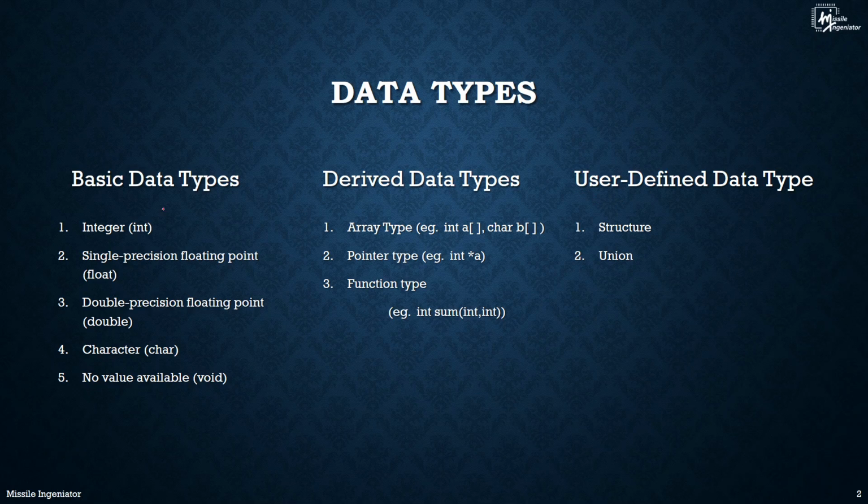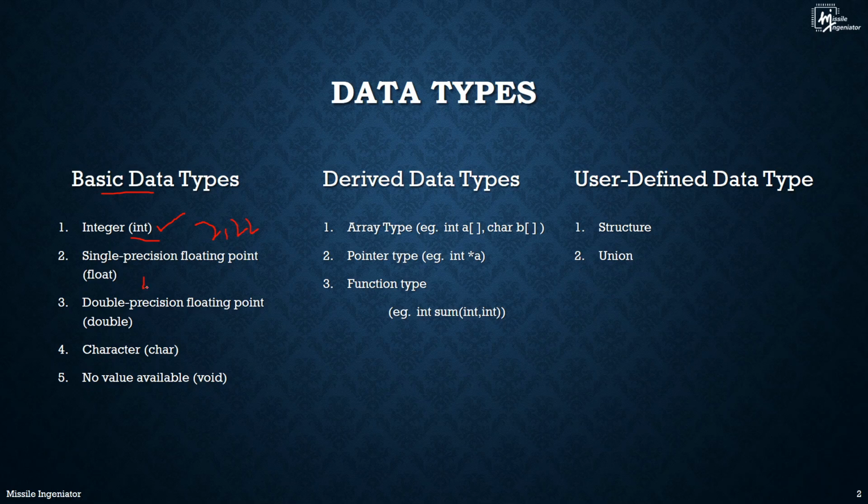Under the basic data types, we have first the integer. This integer helps to store number values. Say you want to store 2 or 22, you can use this integer. This integer basically has 2 byte storage. The float is used to store precision values, like decimal values.